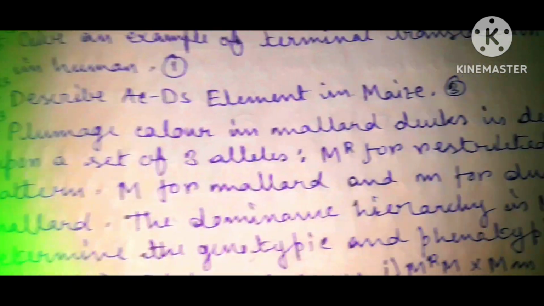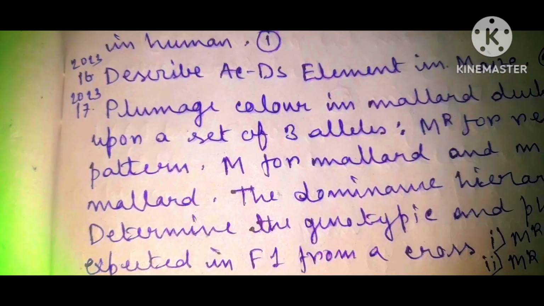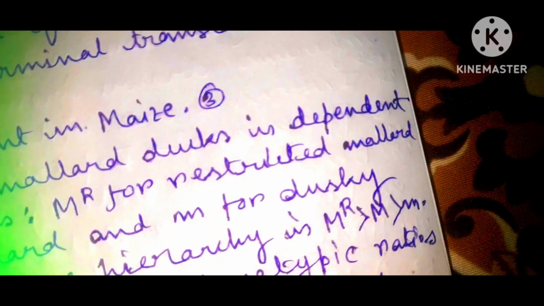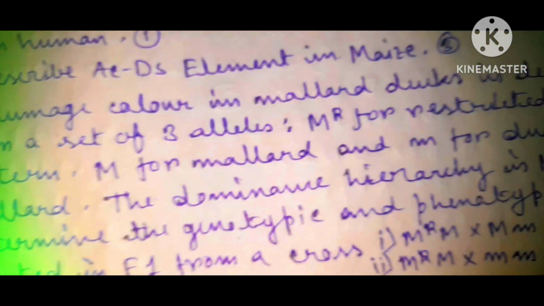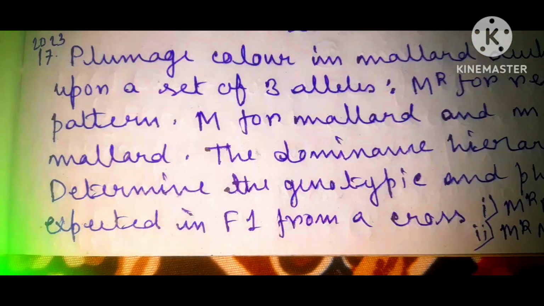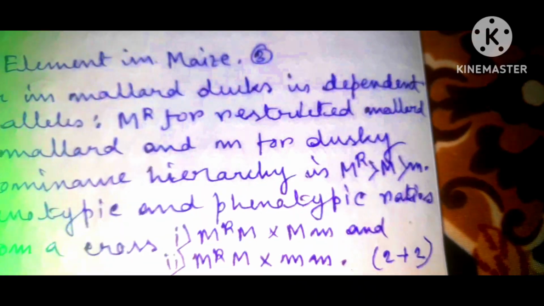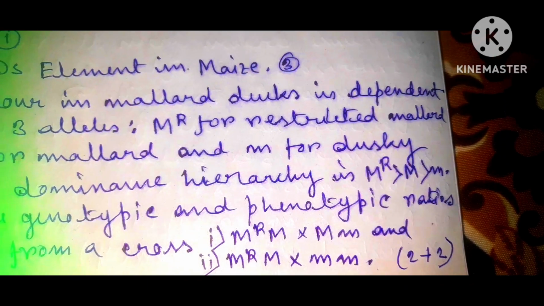Plumage color in mallard ducks is dependent upon a set of 3 alleles: M^R for restricted mallard pattern, capital M for mallard and small m for dusky mallard. The dominance hierarchy is M^R greater than capital M greater than small m.